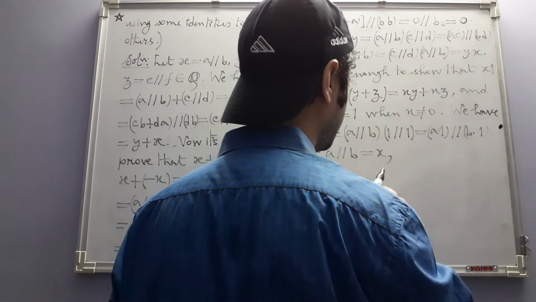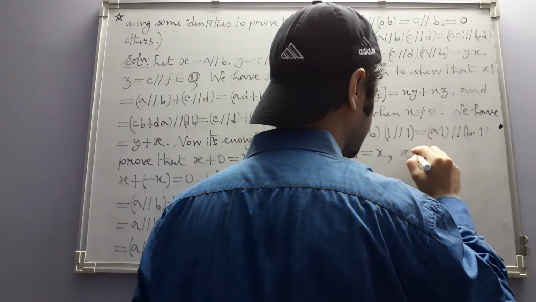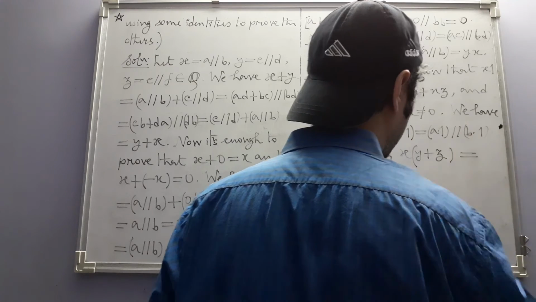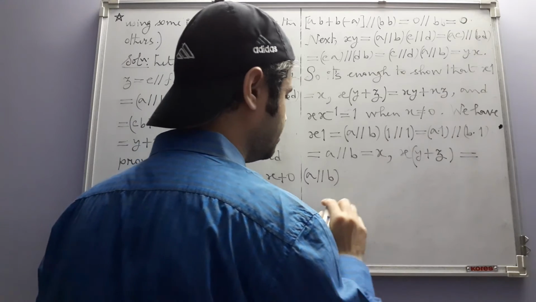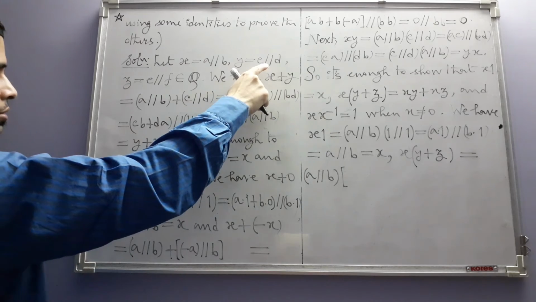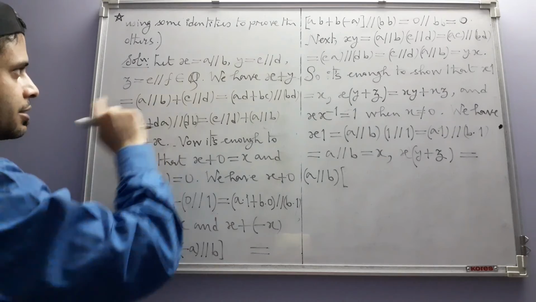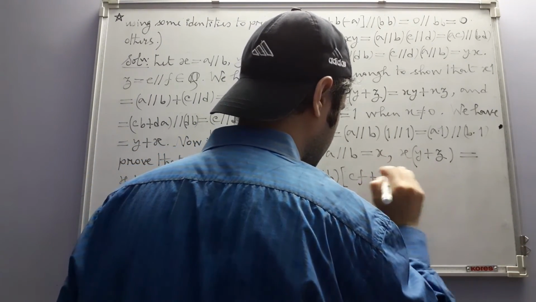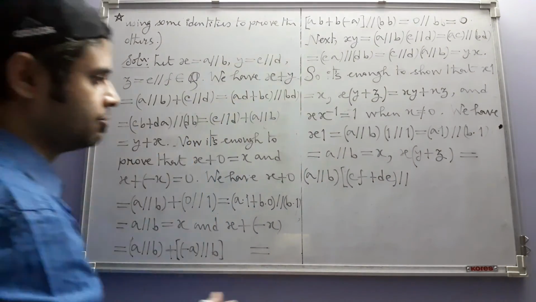This one is a little bit complicated because of the presence of addition. x times y plus z is equal to a by b times y plus z. We can directly calculate from here: cf plus de by df.